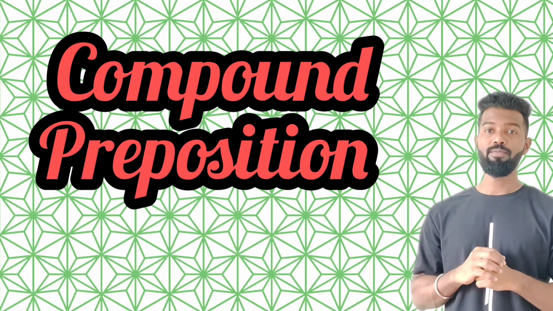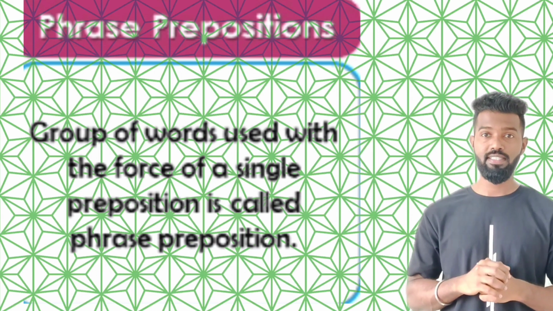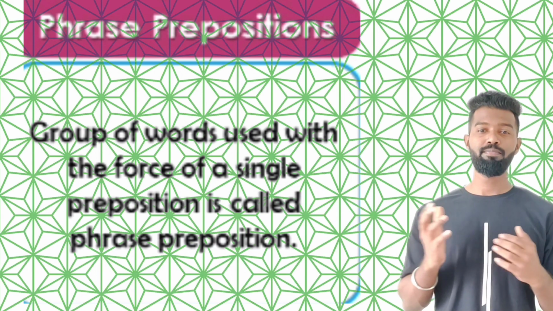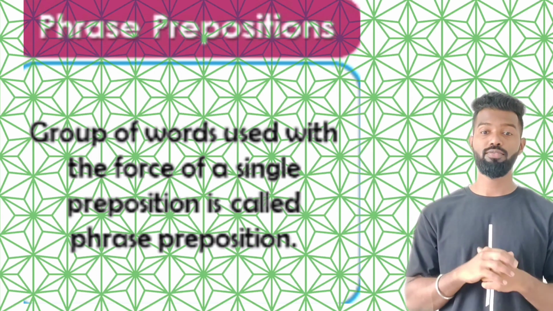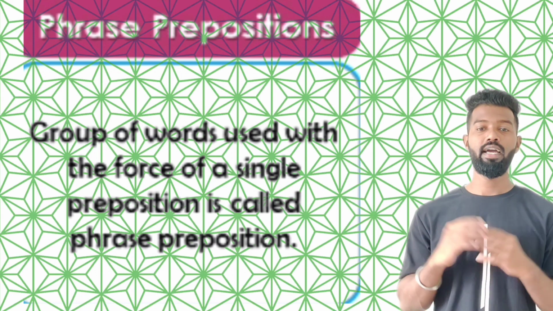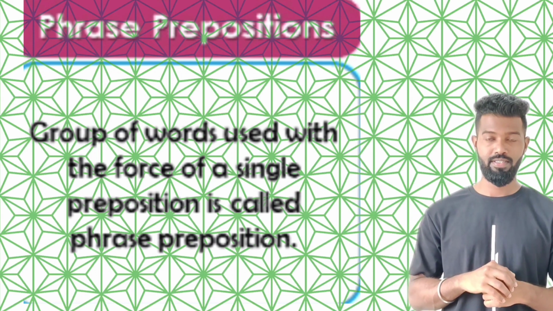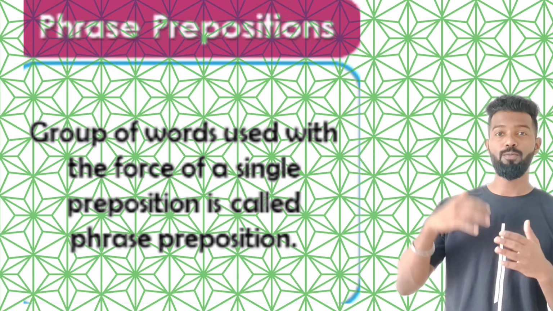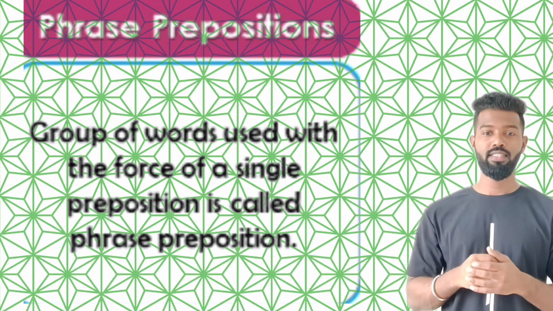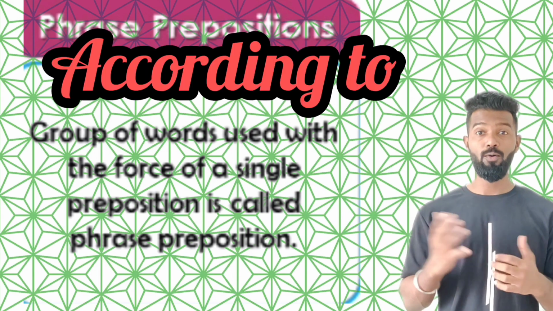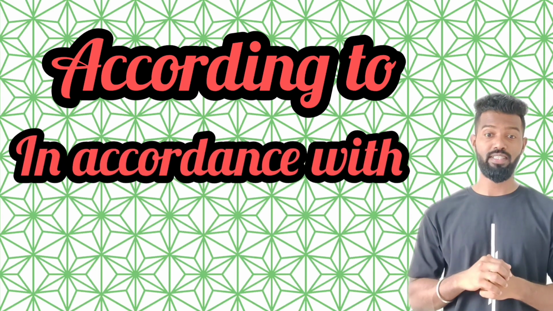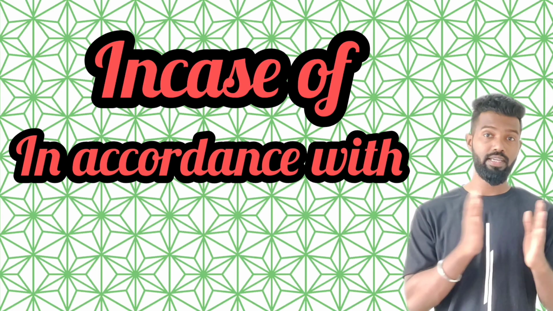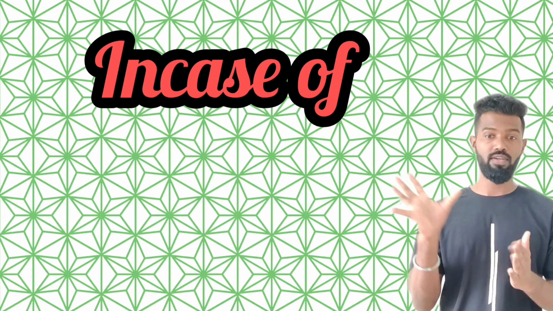And finally, we could study the third one, phrasal preposition. Phrasal prepositions are a group of words acting as a preposition. So here it will be more than two words. For example, according to, in accordance with, in case of. Here in case of, three words are there.